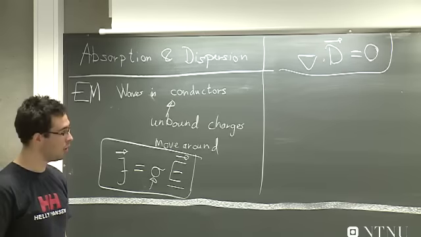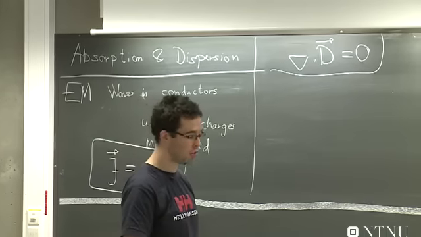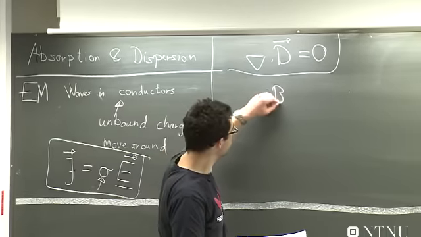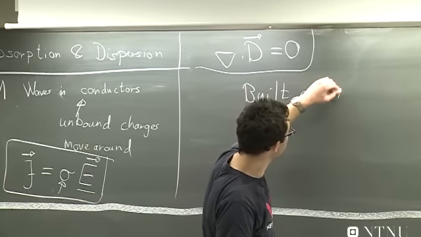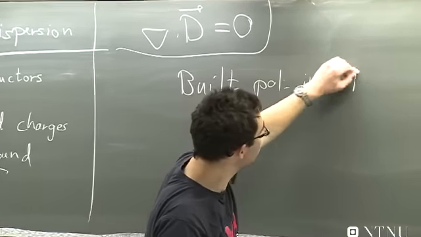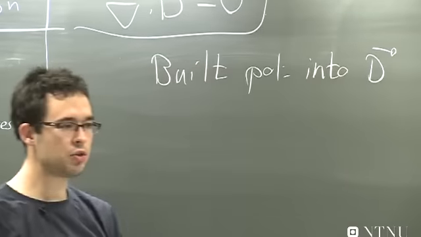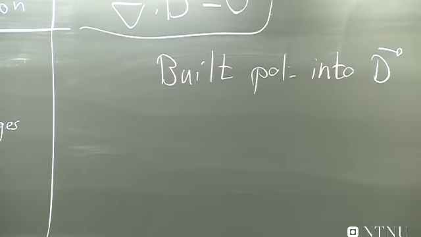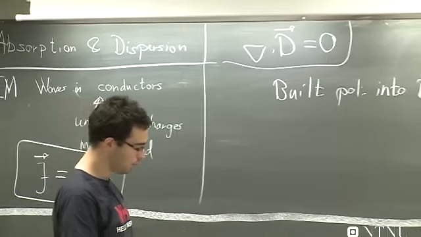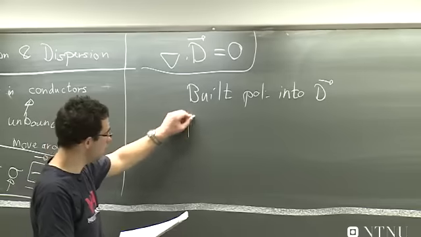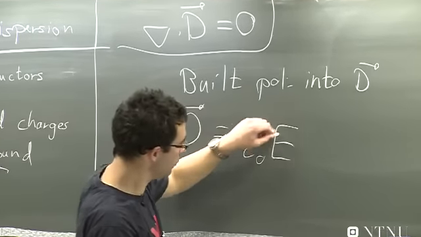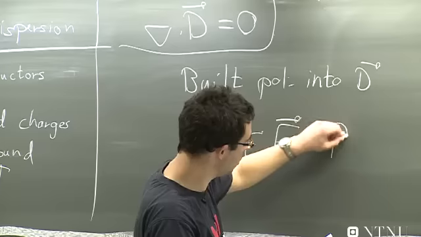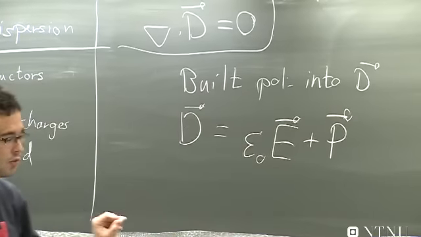Okay, and what we did previously was that we built polarization into the D field. And what I'm going to do now is to try to put also conductivity into the D field. And what we had before was that D is equal to epsilon naught E plus P. This is basically electrostatics, right?